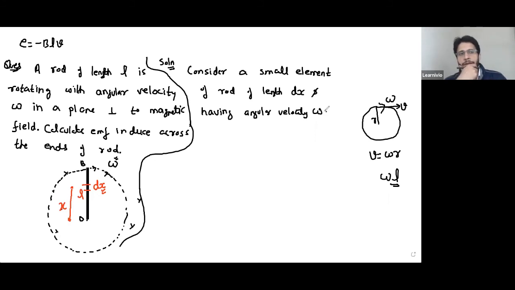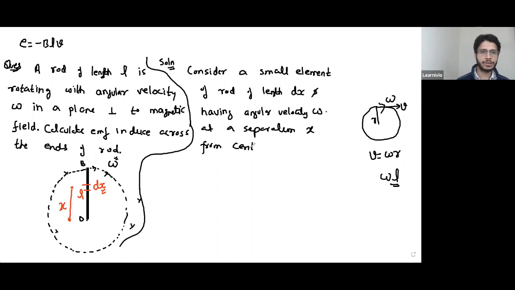So this is a small element dx. The angular velocity of this element dx is omega, at a separation x from the center. Fatma, what's the linear velocity of this portion? What is the linear velocity of dx? The angular velocity of dx is omega. The separation from the center is given. How much is the linear velocity?